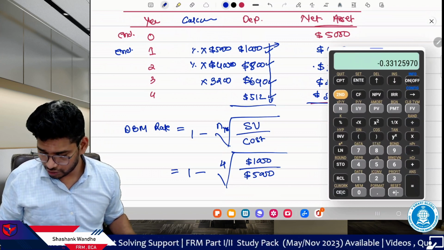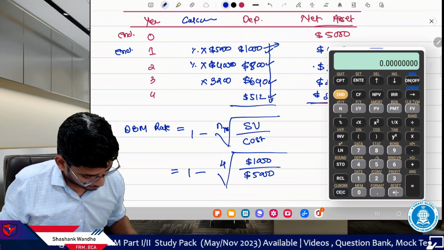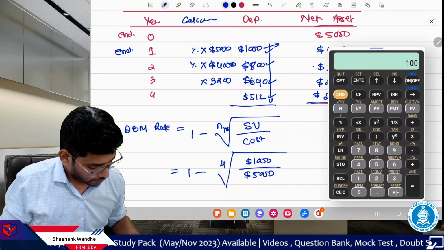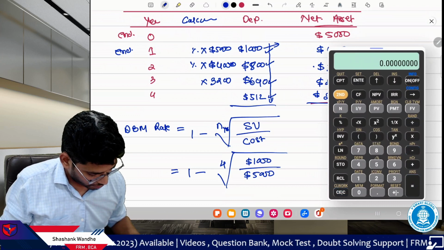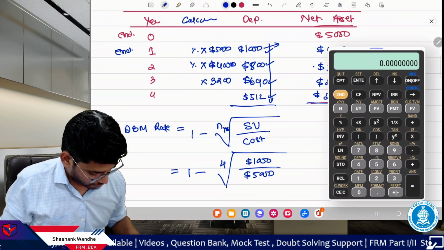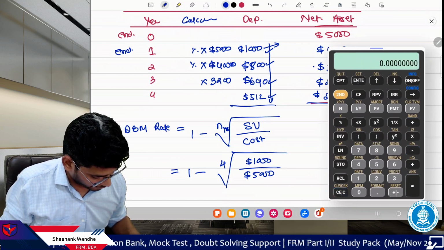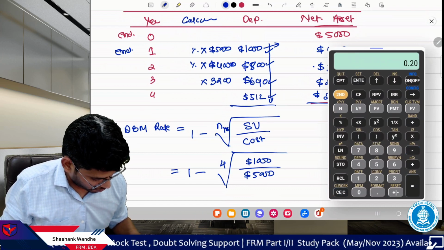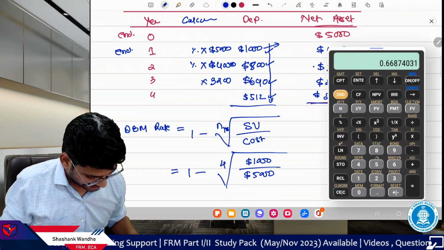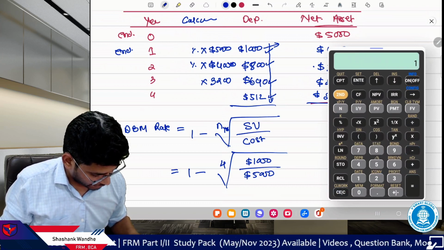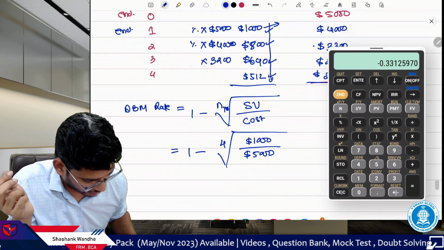Just let me check the calculation. 1000 divided by 5000, so 0.20, then 0.20 to the power 0.25, then minus 1 is 33 point. Okay, so that's fine. The answer is correct: 33.12.